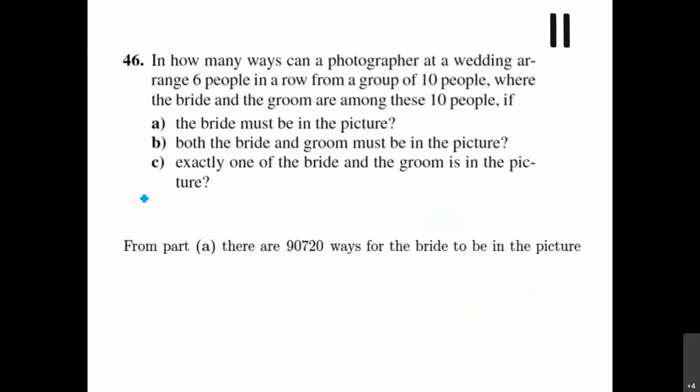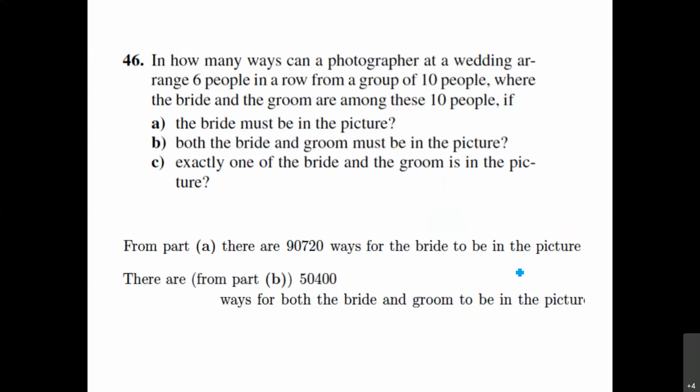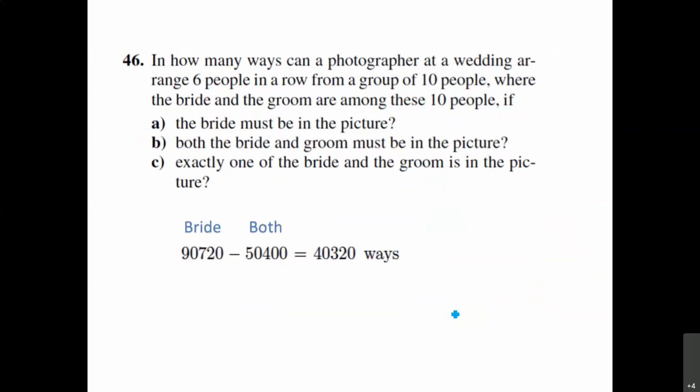So in part A, we know there's this many ways for the bride to be in the picture. That's the number we got from part A. From part B, that's how many ways the bride and the groom can be in the picture. So if you subtract that, that's how many ways the bride only is in the picture.